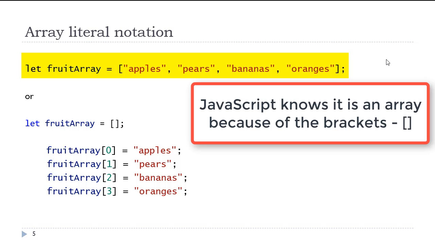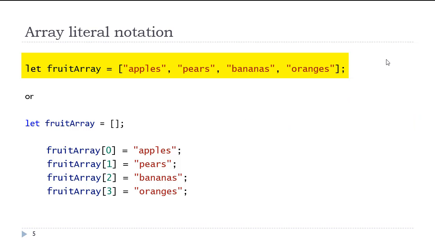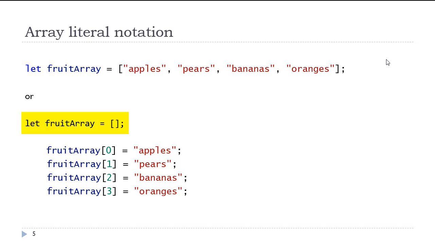Notice that we do not have the new keyword or the Array object word here. Again, this is one statement. We have a semicolon at the end. We also could create the array first and then populate it as we have seen previously.